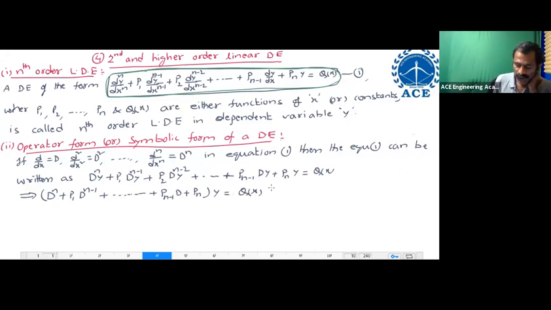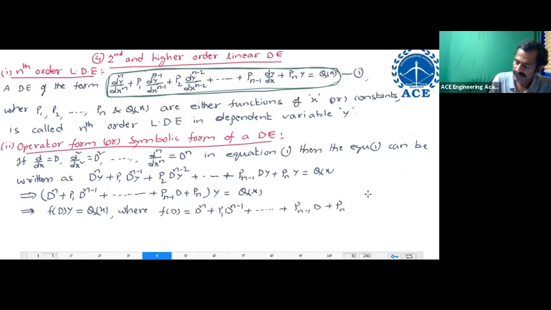This is the operator form, writing the differential equation in terms of D notation. We also write this in short form, which implies f of D y equal to q of x, where f of D equals D power n plus p1 into D power n minus 1 plus and so on plus pn minus 1 D plus pn.